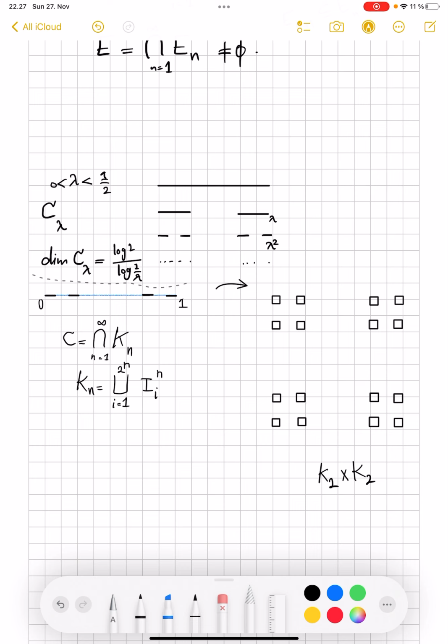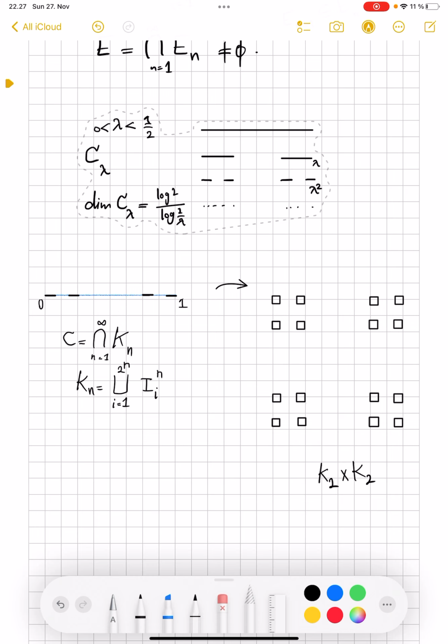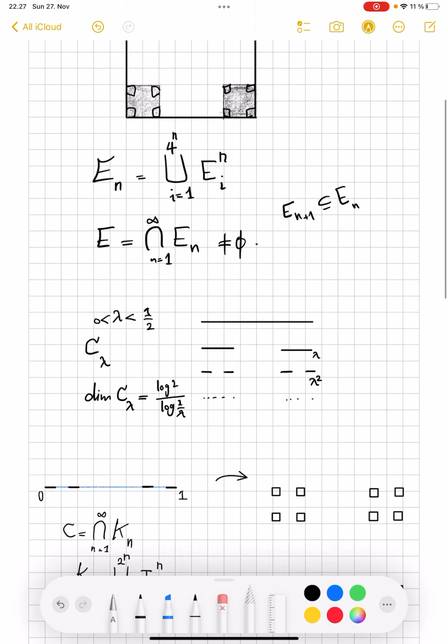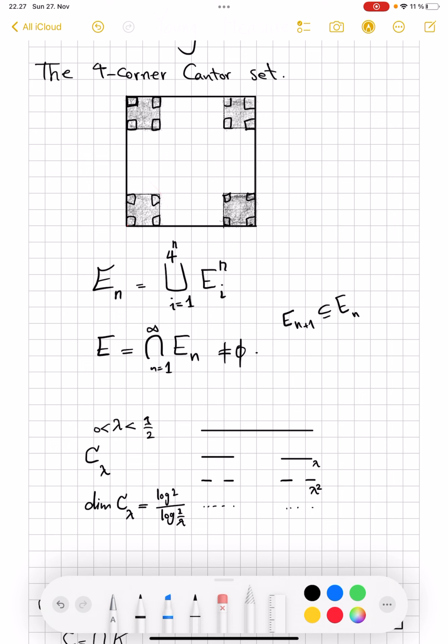So if you look at the construction of this four-corner Cantor set, and you only look at what happens on the x-axis, or equivalently the projection onto the x-axis, you started with the full interval [0,1], and then you are left with 1/4, and then 1/4, and in the next step again you are left with 1/4 times the previous step, so this will be (1/4)^2.